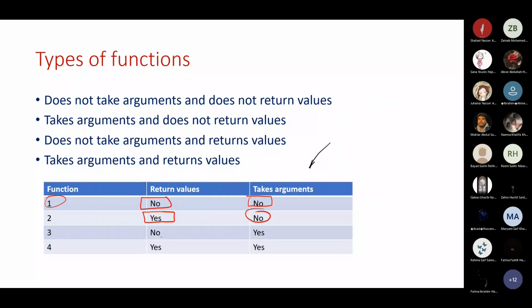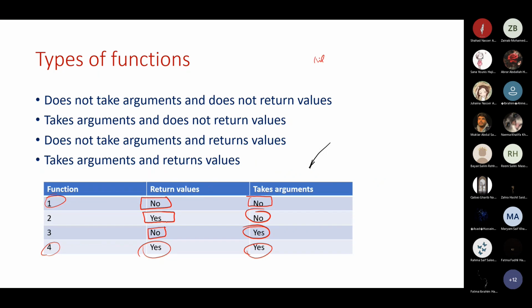The third type is a function that doesn't return values, but it takes arguments. Like if I ask you, for example, to write a function that takes an integer and prints it to the screen. Okay, so it will not return any value. The fourth type, which is most commonly used, is one that takes arguments and returns a value, just like the square that we did.